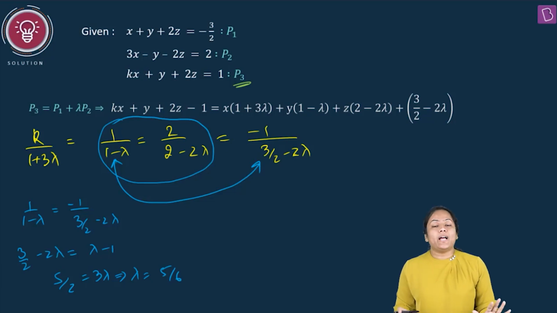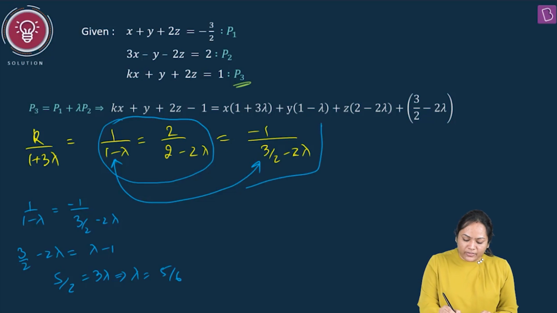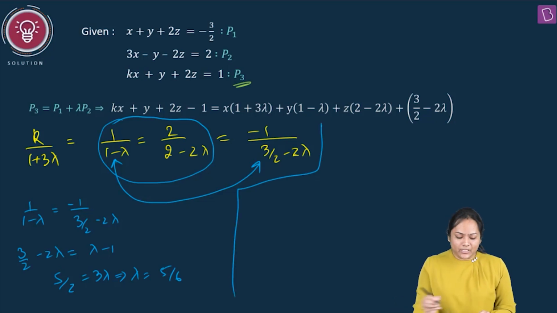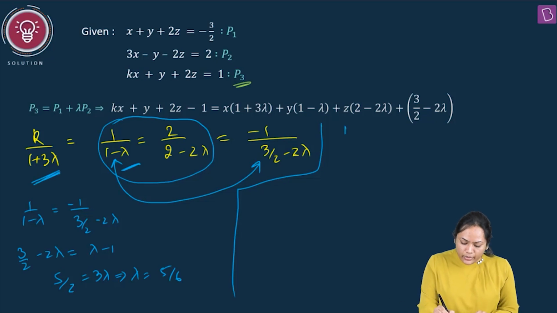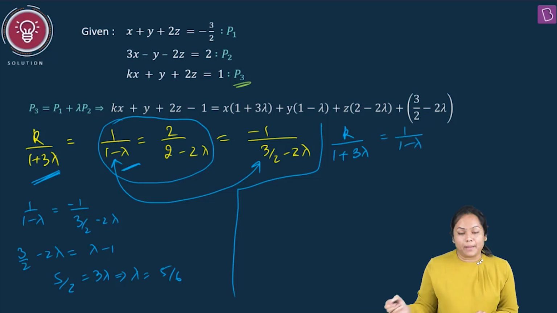And if my lambda value is 5 by 6, that means I can now get the value of k just by substituting, right? So I'm substituting the value of lambda here and here. So I'm going to get k divided by 1 plus 3 lambda is equal to 1 upon 1 minus lambda.